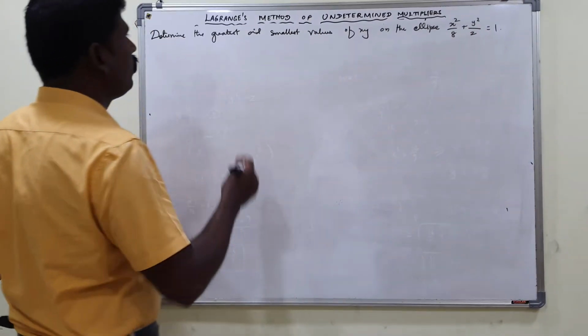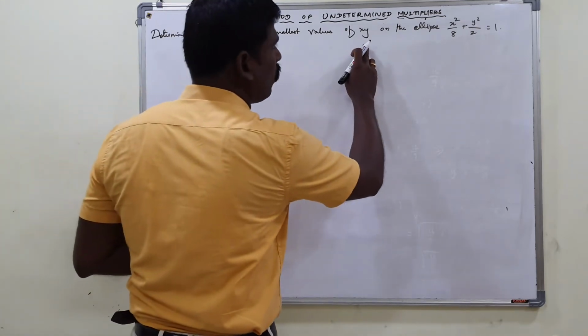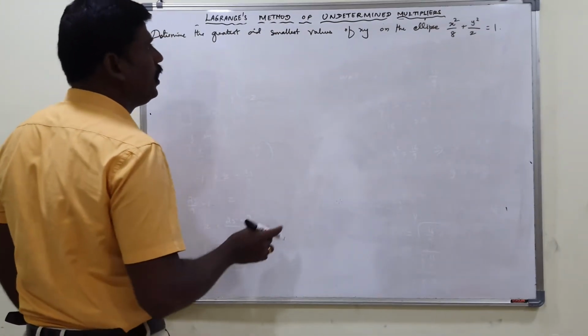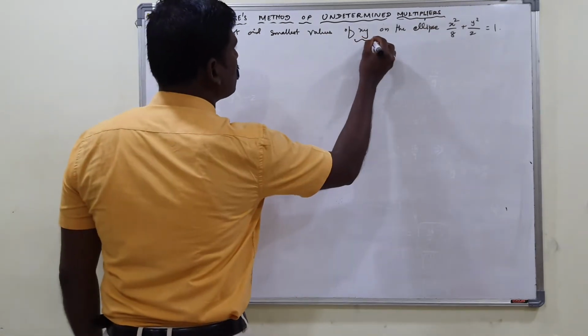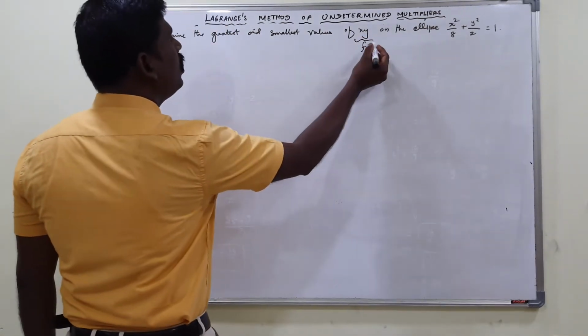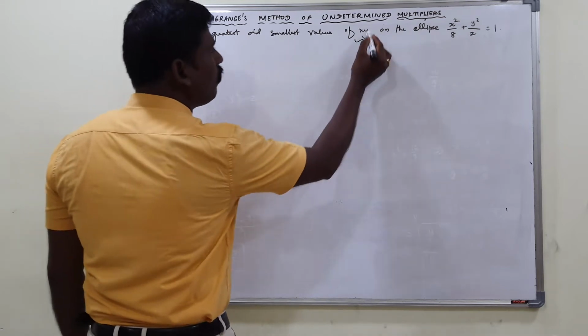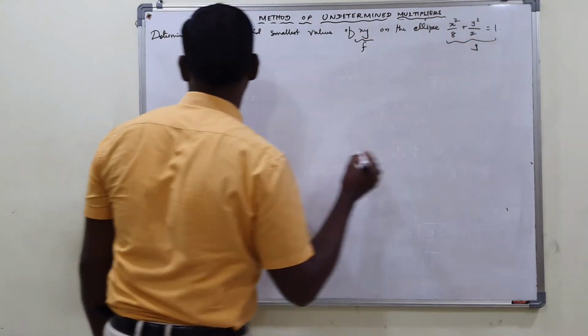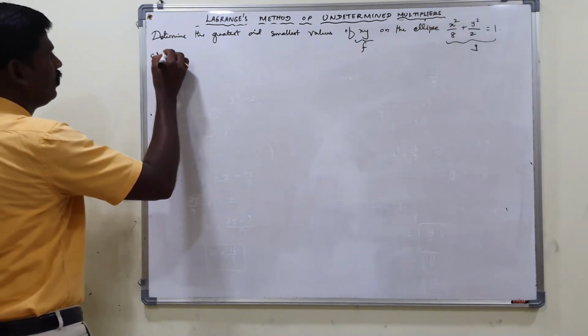So I am going to find out the greatest and smallest values of xy on the ellipse x square by 8 plus y square by 2 equal to 1. So this is the function. I am going to find out the smallest and greatest value of this function f equal to xy under the condition g. Okay, so solution.